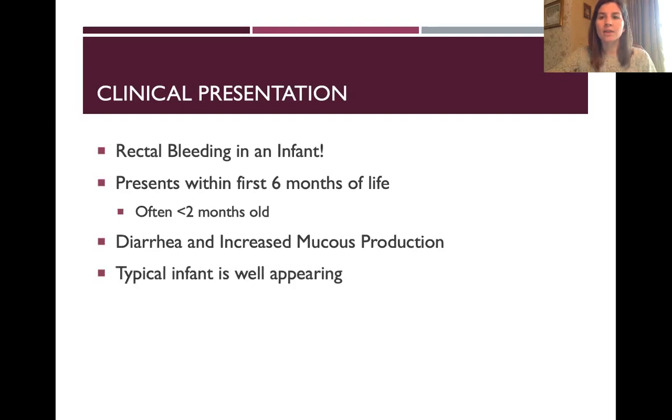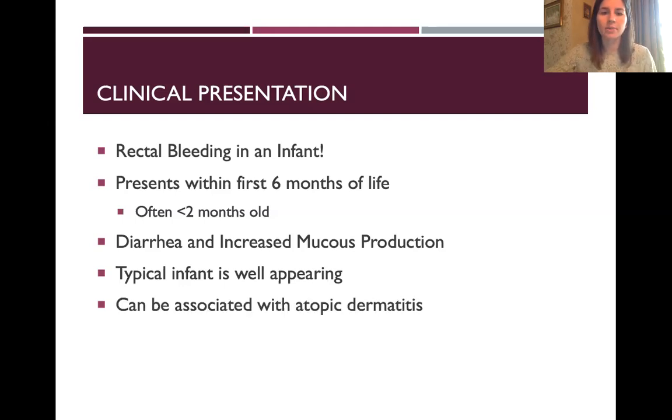The infant is otherwise well appearing in spite of these symptoms. If an infant is ill appearing, that should alert you to consider more strongly other possible etiologies. And this can also be associated with eczema or atopic dermatitis.